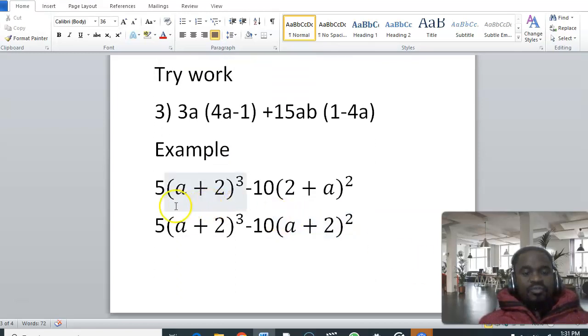I have 5 into bracket a plus 2 cube minus 10 into bracket 2 plus a squared. Now I've written this one again. It's the same thing.